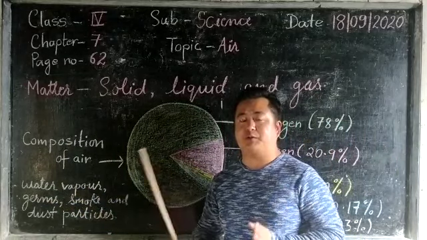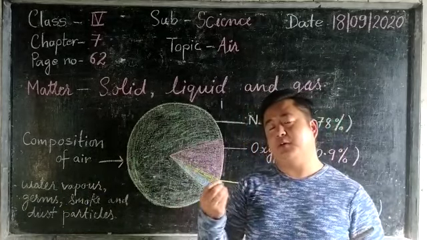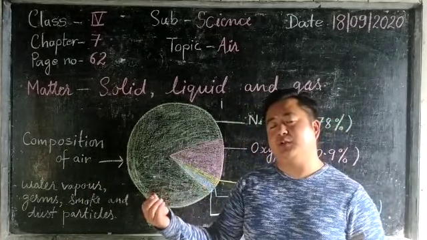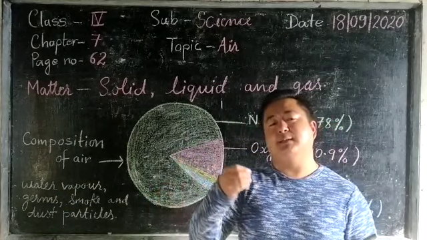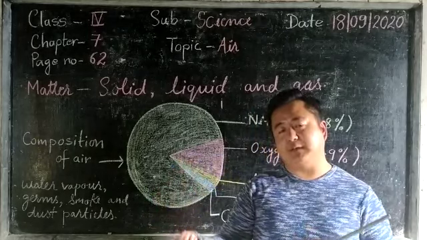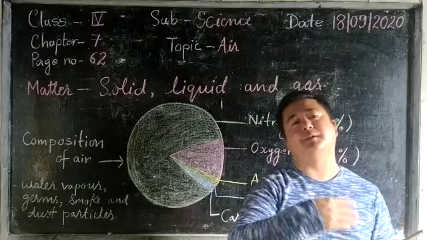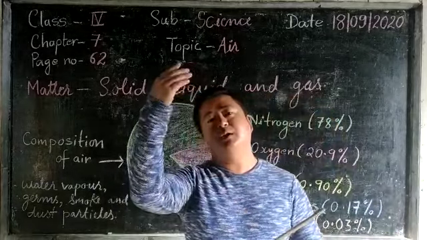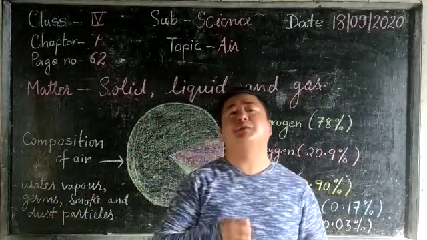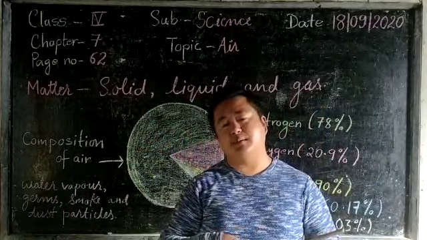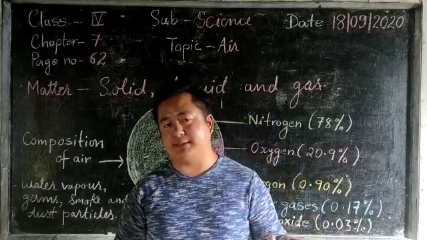And when we talk about the composition of air, in air we also have water vapor. Water vapor is an invisible gaseous form of water, which is very important for the natural phenomena that take place in day-to-day life, from evaporation to condensation and precipitation. Due to water vapor only, we are having rainfall, snowfall, and many things, which is very important for the water cycle.